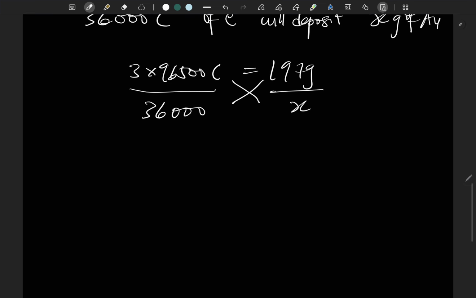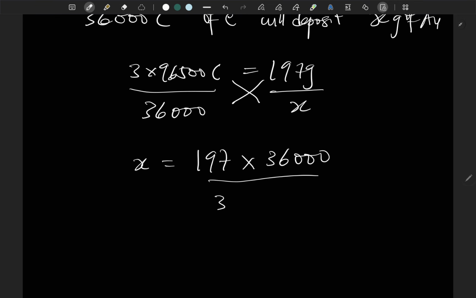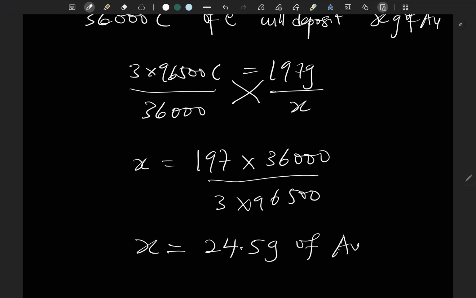We are looking for X, then we are going to have X is equal to 197 times 36,000 divided by 3 times 96,500, and if we use the calculator, that will be equal to 24.5 grams of gold.